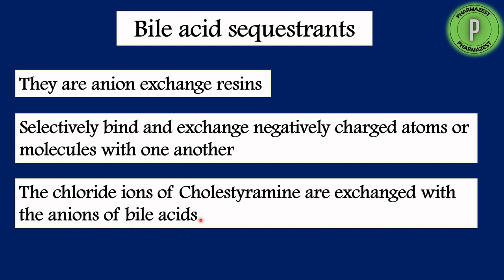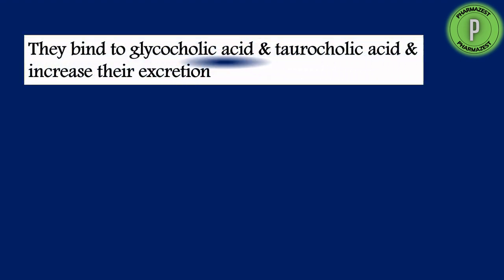Bile acids also have the cholesterol structure. So they bind with the anions present in these bile acids and exchange the chloride ions instead of these anions. Here these bile acid sequestrants bind to glycocholic acid and taurocholic acid and increase their excretion.